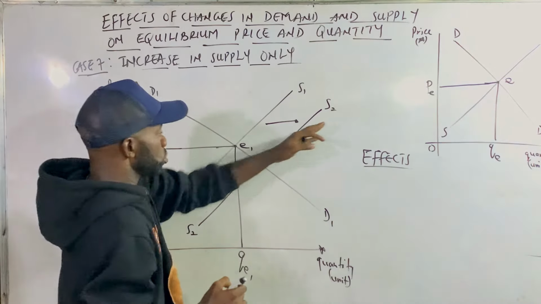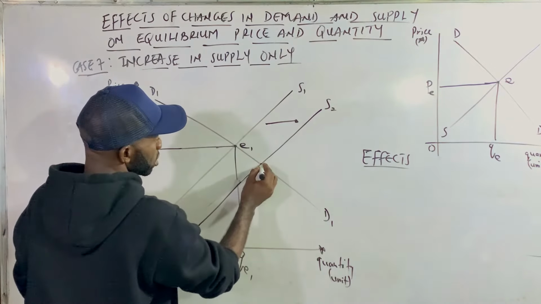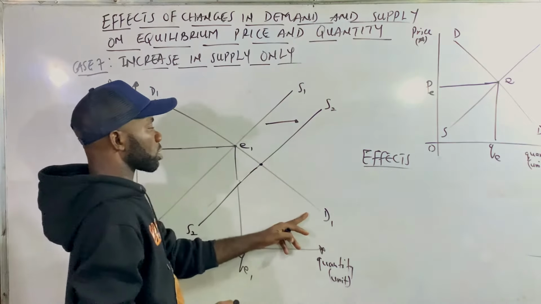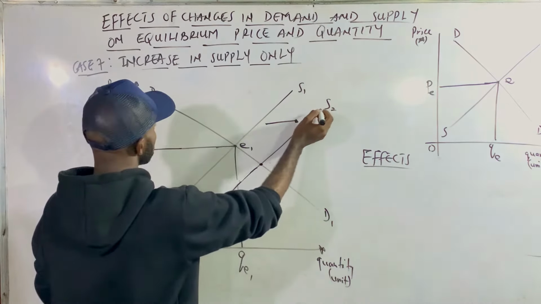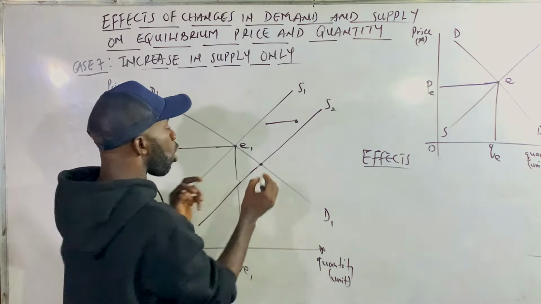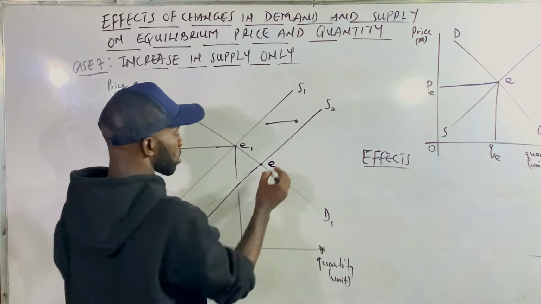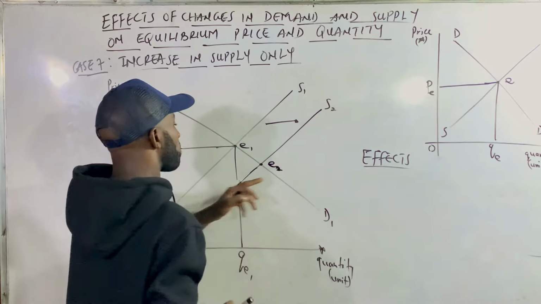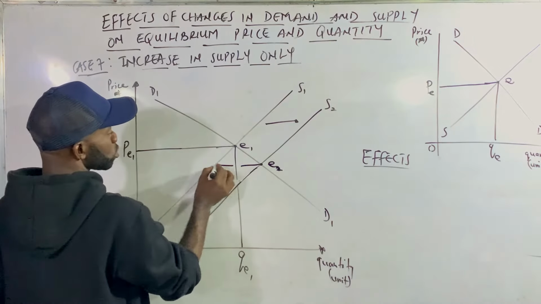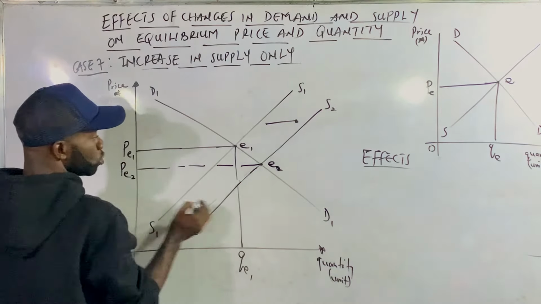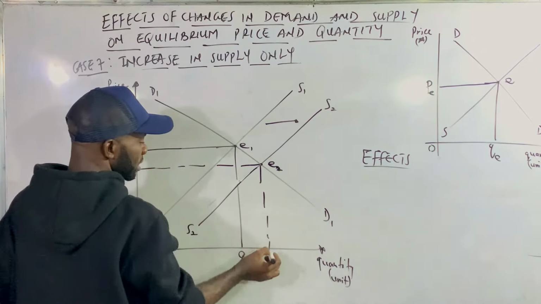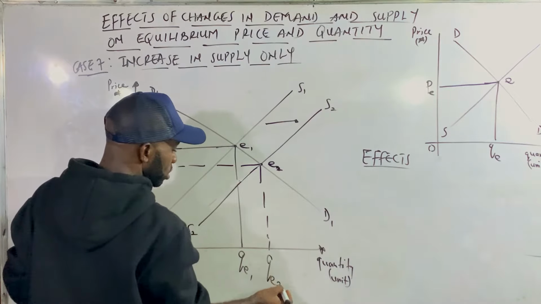At S2 and D1, because we do not have a new demand curve, the new equilibrium point will be at the point where the new supply curve intersects the old demand curve. That gives us equilibrium point 2. You trace it to the price line, it gives equilibrium price 2. Trace it to the quantity line, it gives you equilibrium quantity 2.